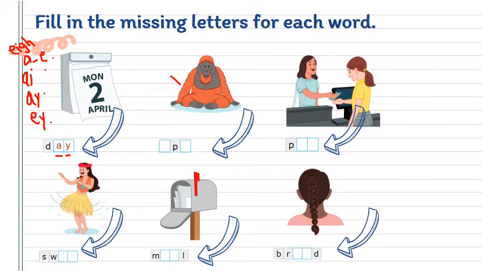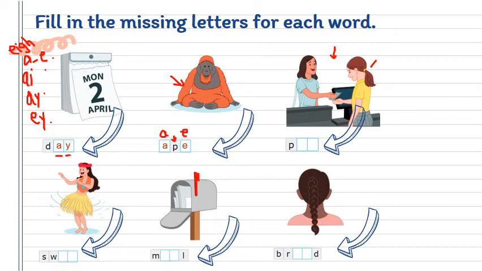Next, what is this picture? This is an ape. Ape. So I know that here I should begin with the letter A, and then here I have a consonant. So which pattern should I use? I should use the final E at the end. So this one becomes ape. Look at this picture over here.